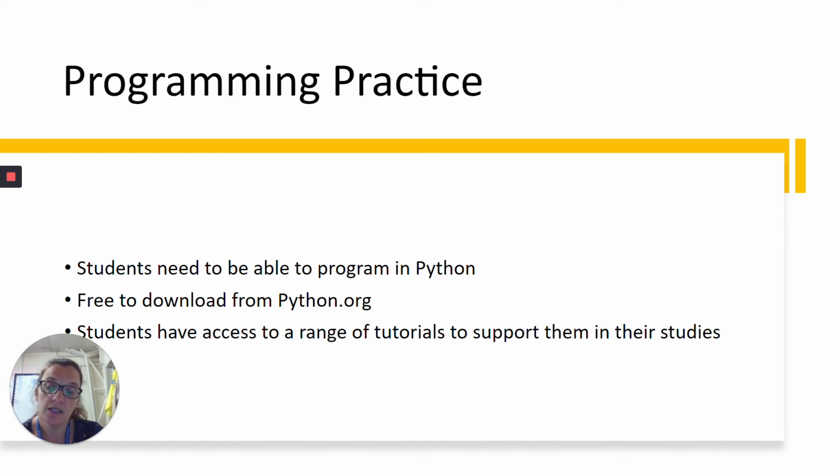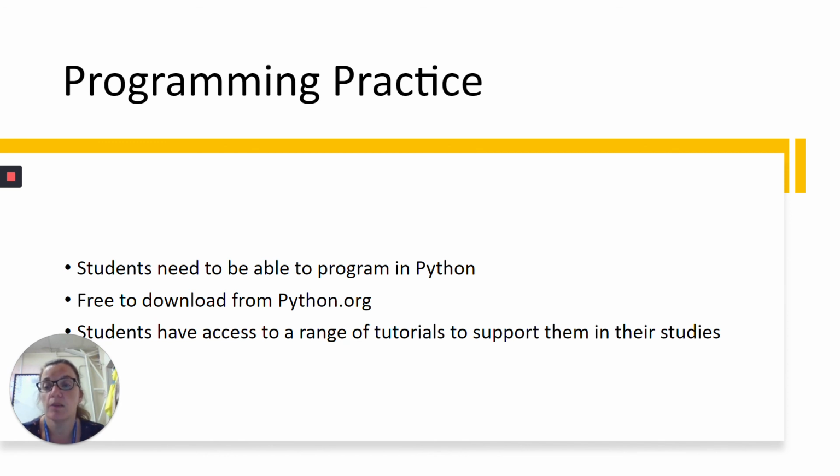Now, it is an area, some students are going to be stronger and some are going to be weaker than others. But what they can do at home, and I strongly recommend this, is that they download the Python program onto their computer from python.org, and then basically access some of the range of tutorials that we have available to them, to get them practicing their Python skills again.